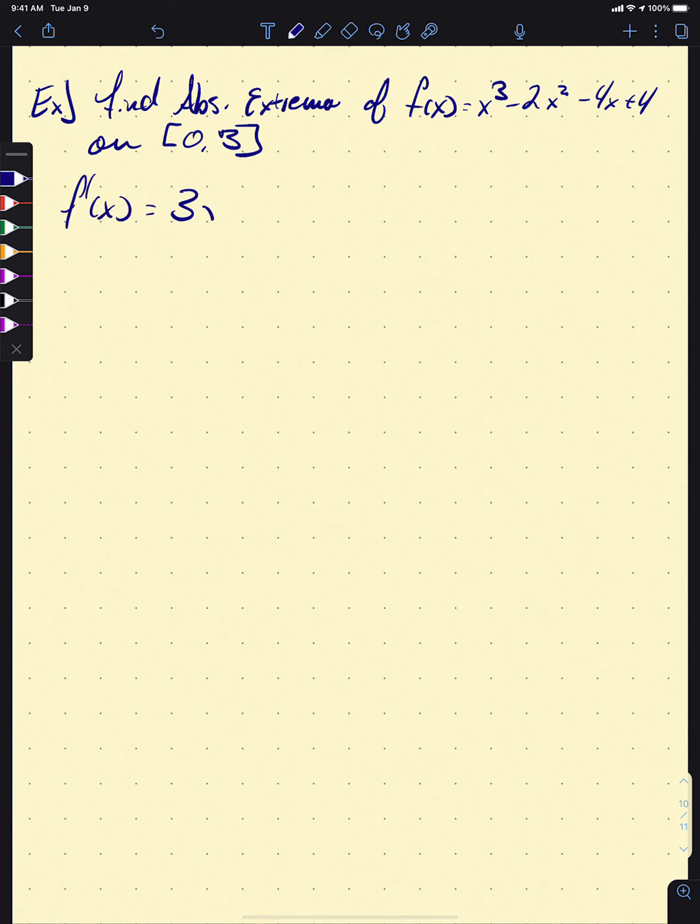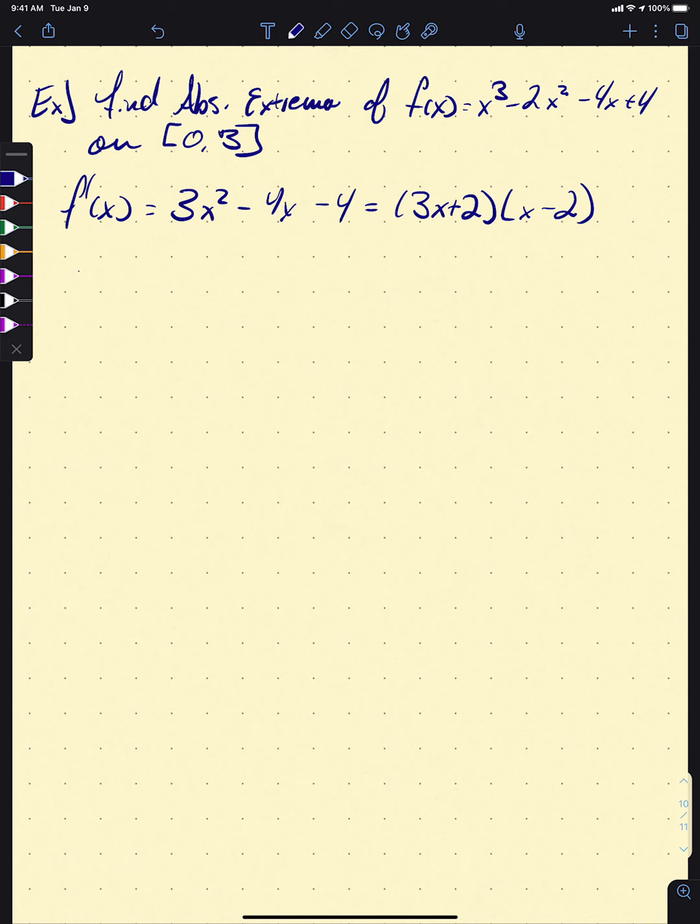Well, our derivative is 3x squared minus 4x minus 4. And we can factor this into 3x plus 2 and x minus 2, okay? And that's going to give us 2 critical points, right?